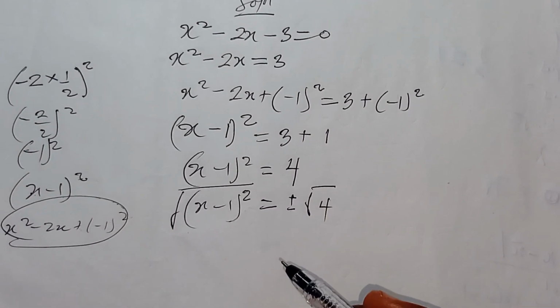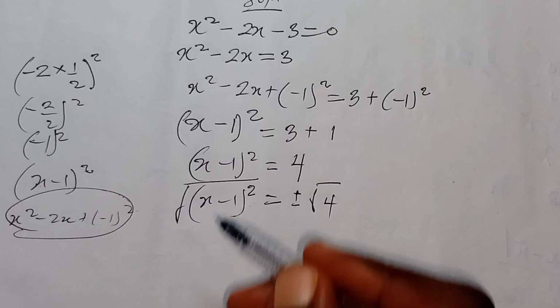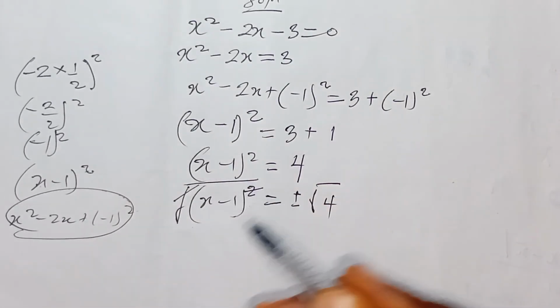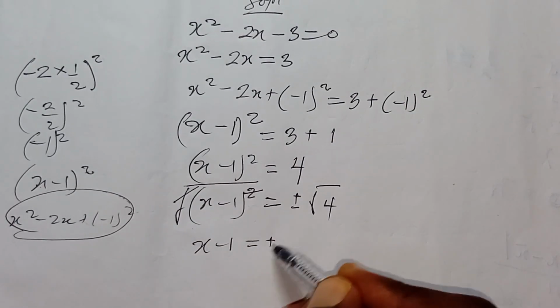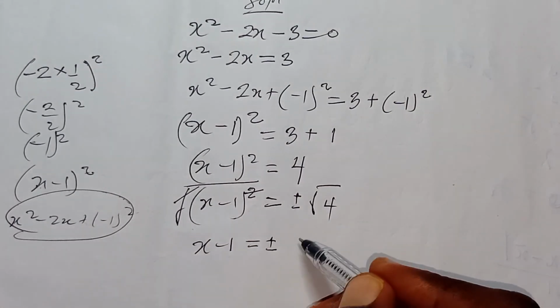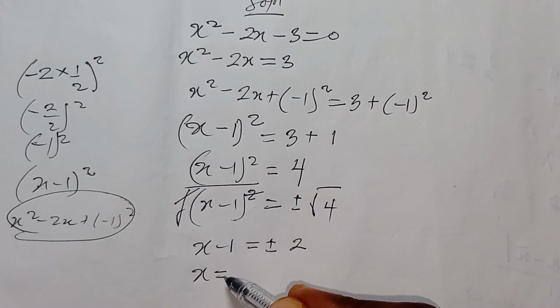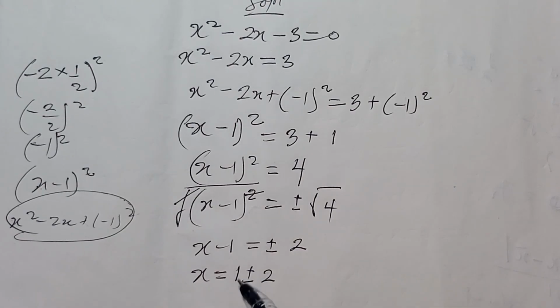Note, we are doing this by the method of completing the square. So automatically this and this will be out. So x minus 1 is equal to plus or minus square root of 4, which is 2. Now we have x is equal to 1 plus or minus 2.